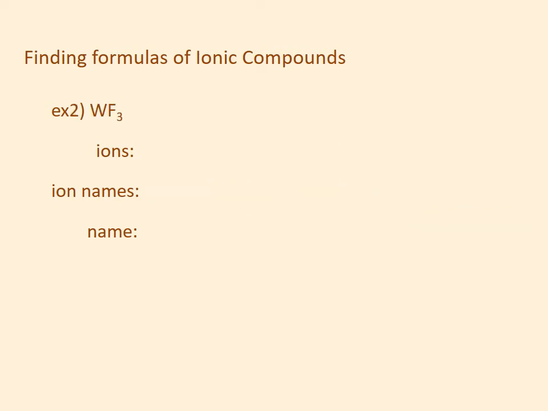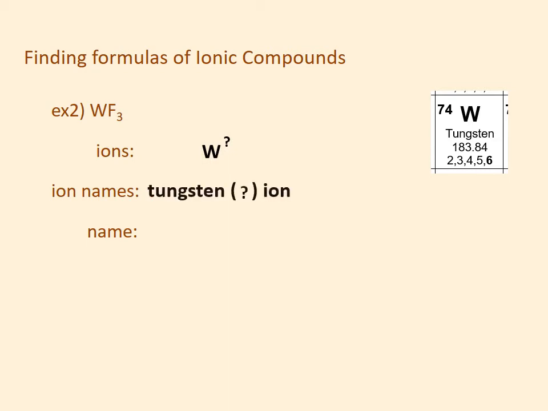Example 2, WF3. I look up W on the periodic table. That's tungsten, and it takes a number of different charges. So I'm not sure which Roman numeral I will need. I see I have F on the back, and it takes a -1 charge, and it's called fluoride.